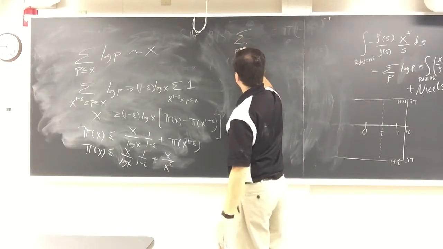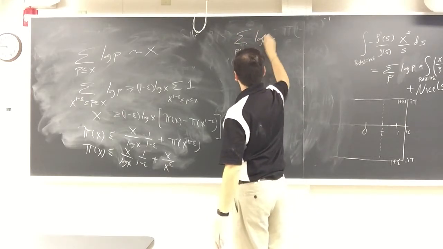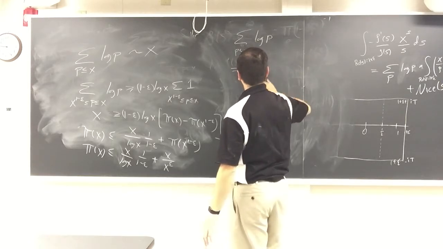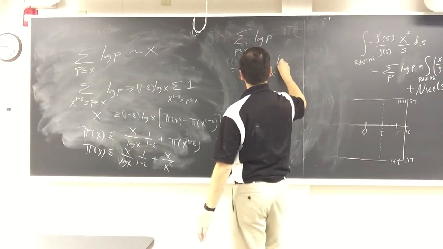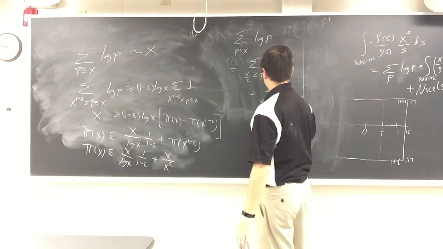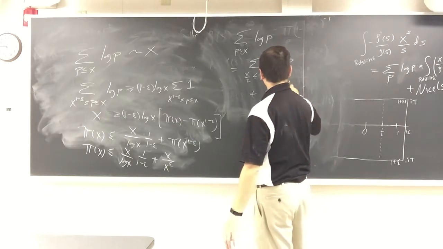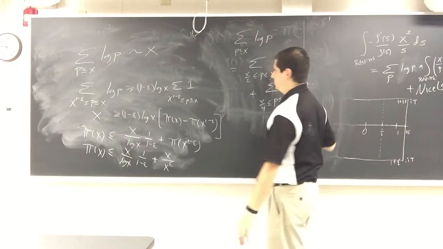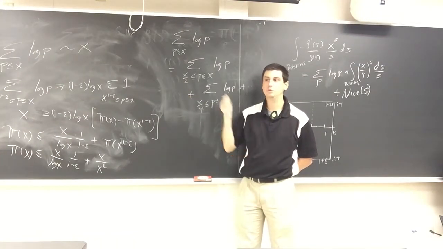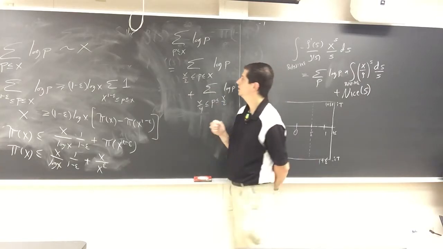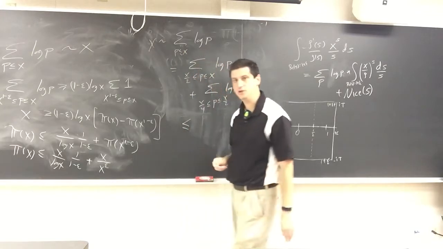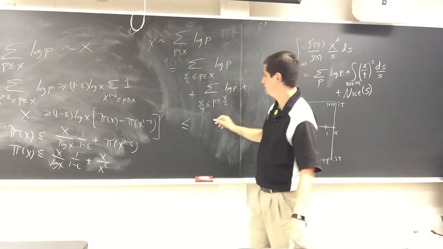The sum over p less than or equal to x of log p is equal to the sum over x halves less than or equal to p less than or equal to x of log p, plus the sum over x fourths less than or equal to p less than or equal to x halves of log p, plus dot, dot, dot. And before, we got a lower bound. So now we would do an upper bound. And so we know basically x is like this. So this would be less than or equal to, to get an upper bound, a log of x.